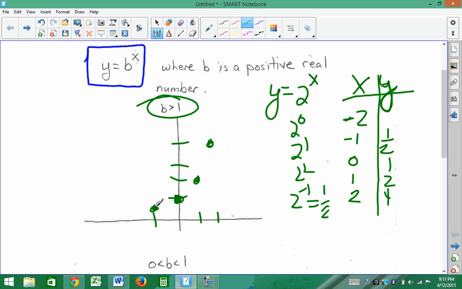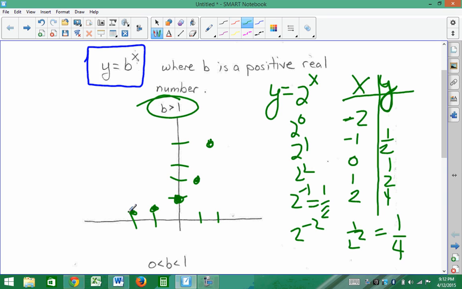And plotting the last point, 2 to the -2 would be 1 over 2 squared, which is 1/4. So that's going to be really close to the x-axis.